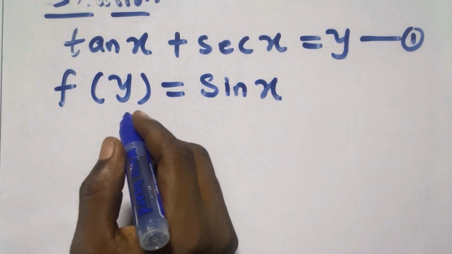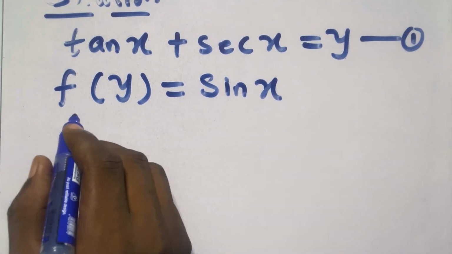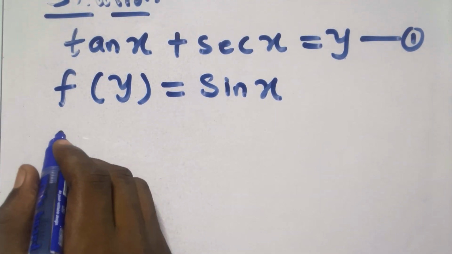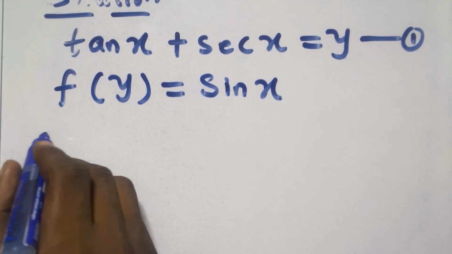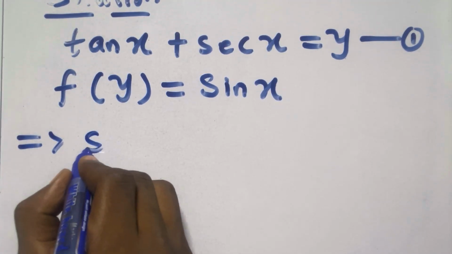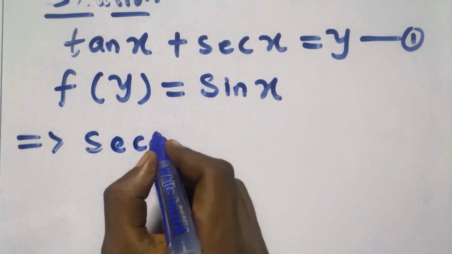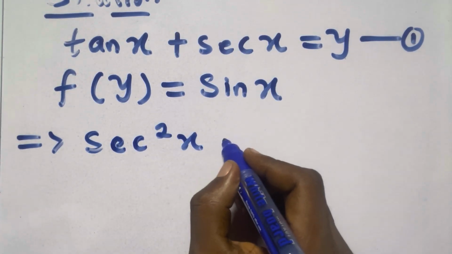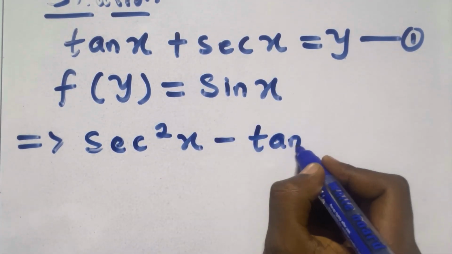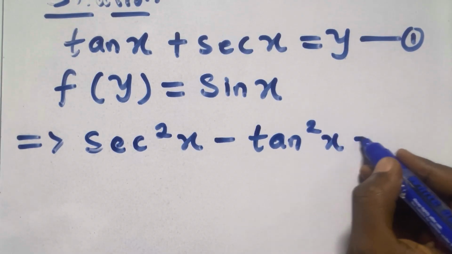Our next step is to recall from the trigonometric identity that sec square x minus tan square x equals 1.